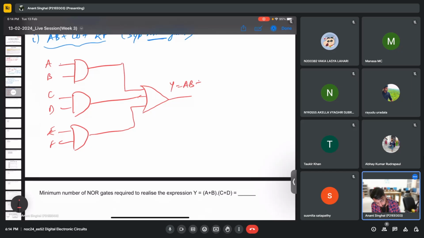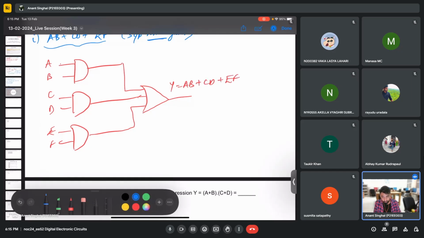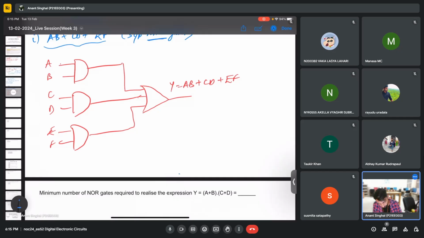So this is the basic circuit, and now I'm again doing the same thing which I did in the last problem, which is using basically two NOT gates in series that will have a buffer effect. So now again we have a similar looking gate as in the previous problem.